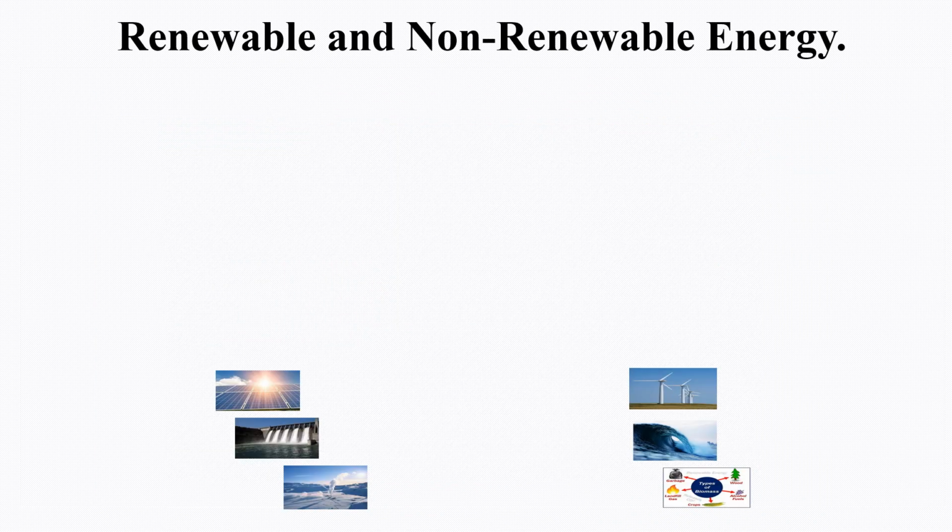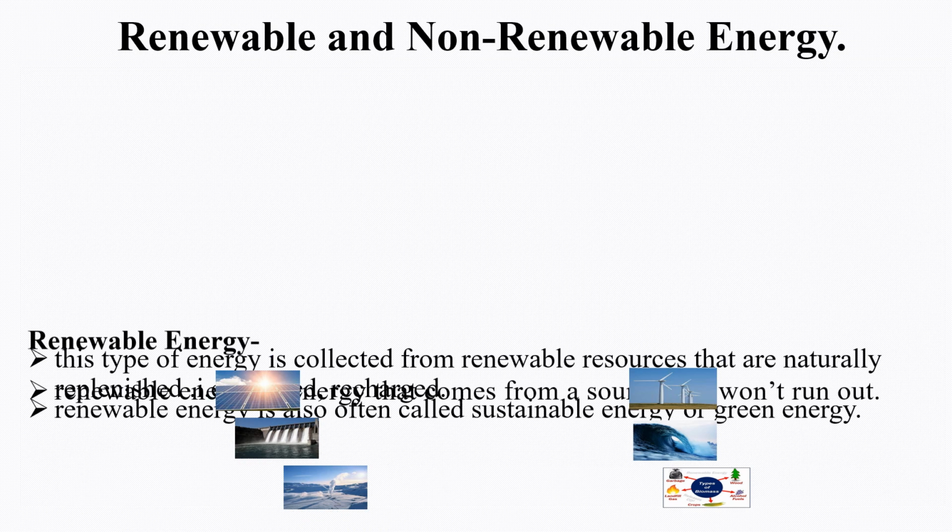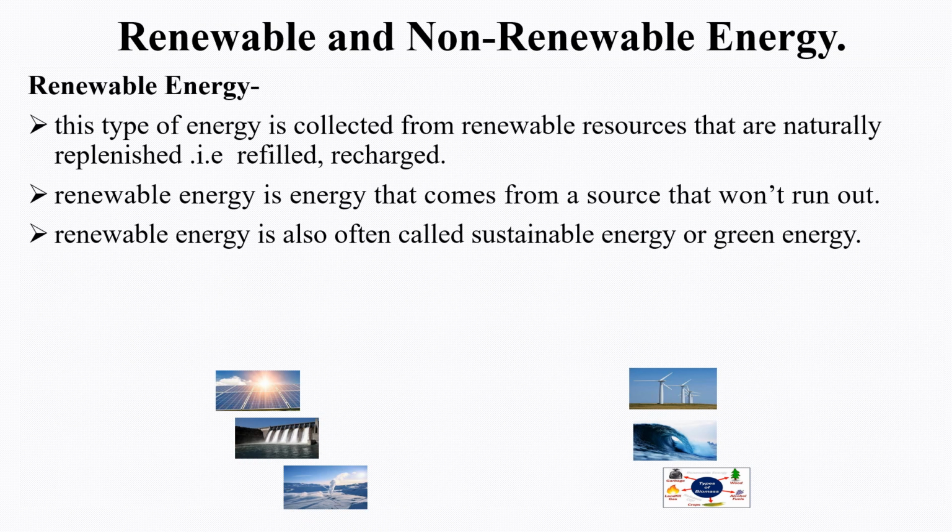Now to renewable and non-renewable energy sources. Renewable energy is collected from renewable sources that are naturally replenished. That is, they can be refilled and recharged. What do we mean?